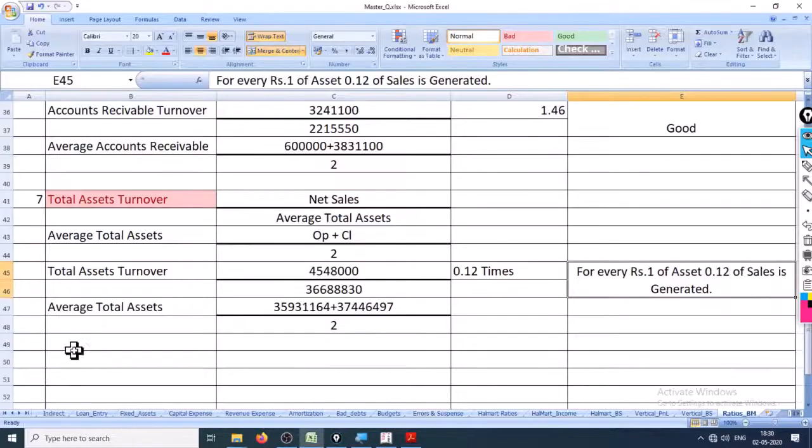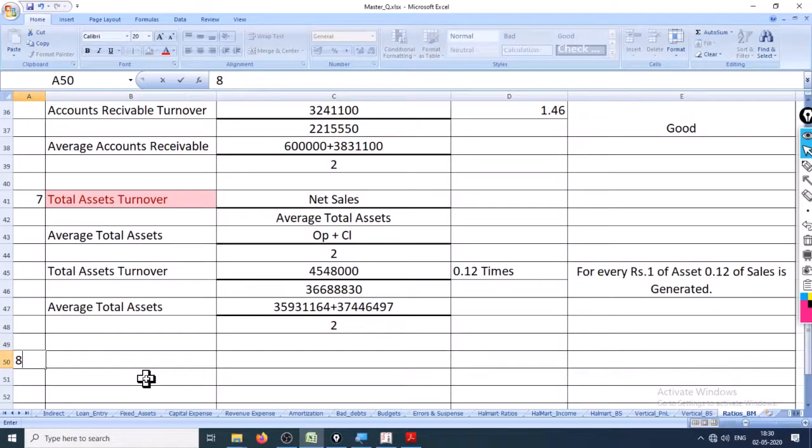Where is my sheet? Right here. I'll just copy this here, and good to go. Inventory turnover, what's the formula?